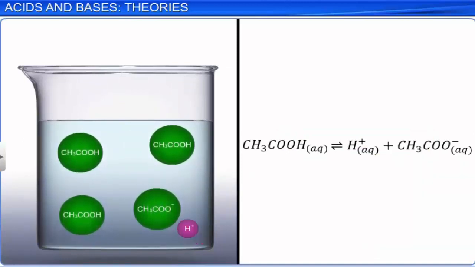An aqueous solution of acetic acid mainly contains unionized acetic acid molecules in equilibrium with the few hydrogen and acetate ions. Hence, the equilibrium involving the ions in an aqueous solution of a weak electrolyte is called ionic equilibrium.